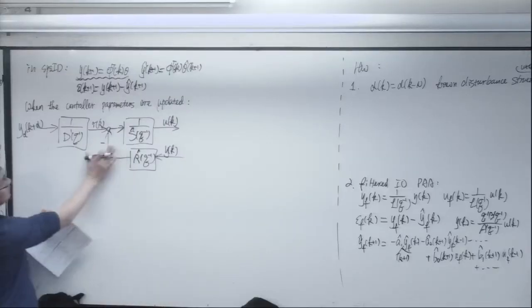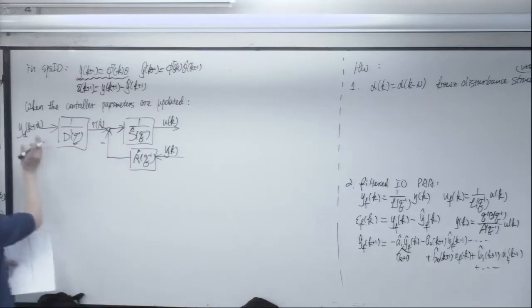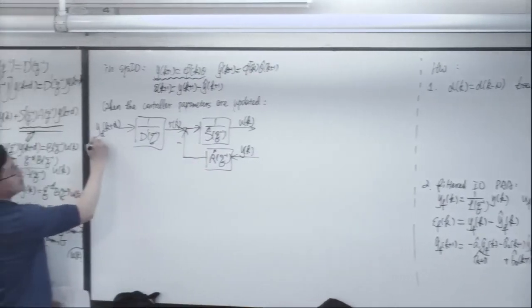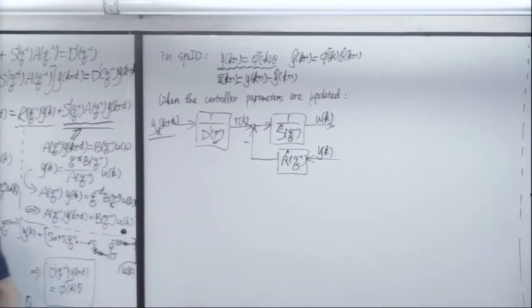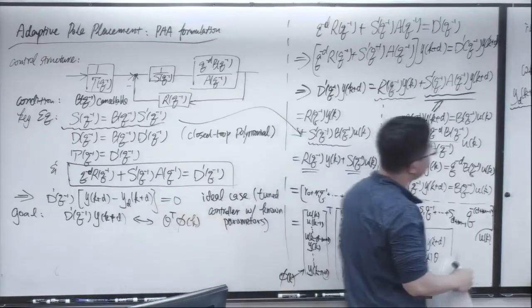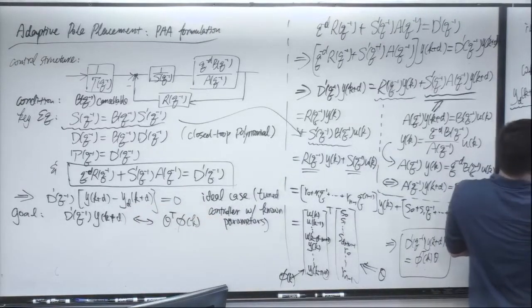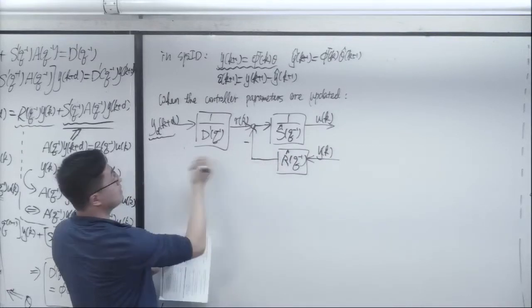And when we update it, we need to take a look at this picture here. So this one is good because it contains y_d in our picture. So we're going to be able to bring this into our picture now. Let's just work on the block diagram a little bit.